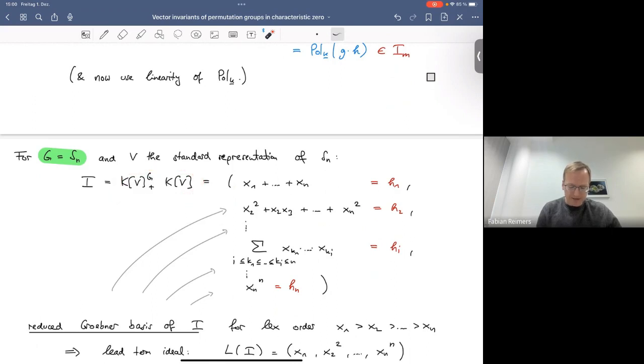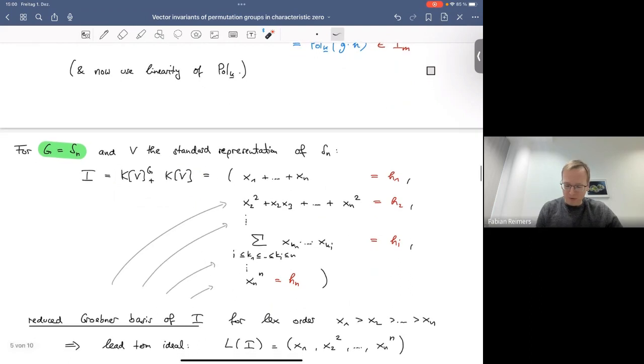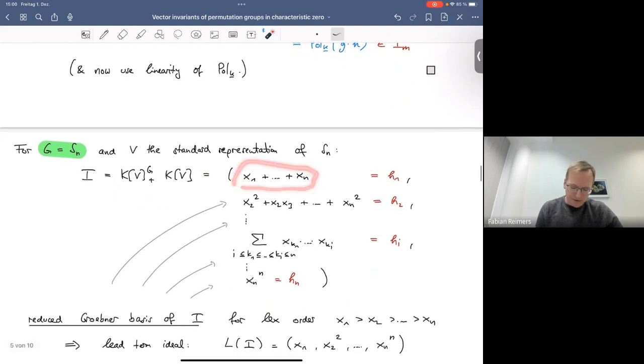And it's not just any basis, it's the reduced Gröbner basis of I for the lex order where x1 is larger than x2 and so on. Because basically what we did is we looked at the elementary symmetric polynomials or the complete symmetric polynomials, and we subtracted exactly in the way that we would if we wanted to compute the Gröbner basis with respect to this monomial ordering.